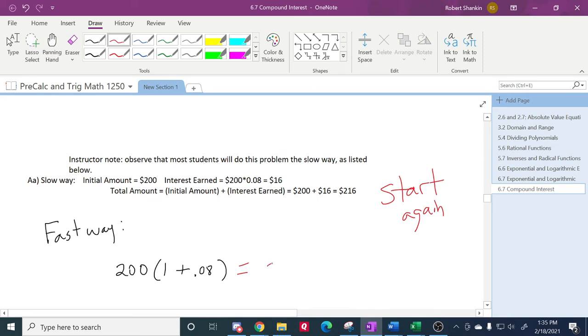But why does it give you 216, the correct answer? Because notice when you distribute this times this, it returns the original principal, and when you send it to the next one, it adds the interest.